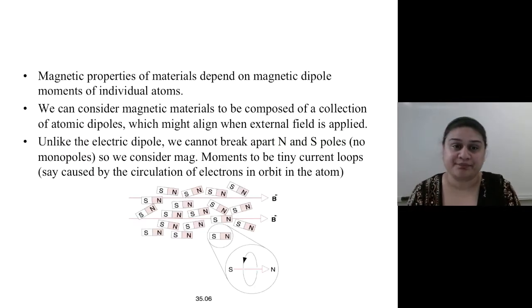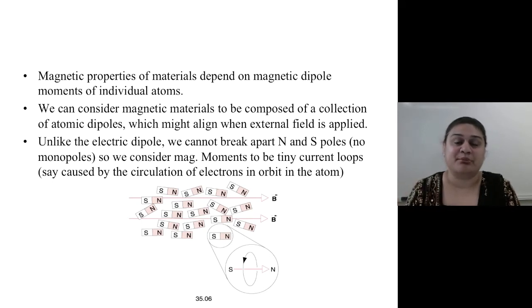Now let's talk a little bit more about where this magnetization is coming from. Well, it comes basically from atoms and nuclei. So magnetic properties of material depend on magnetic dipole moments of individual atoms. We consider magnetic materials to be composed of a collection of atomic dipoles which may align with the field or against a field.